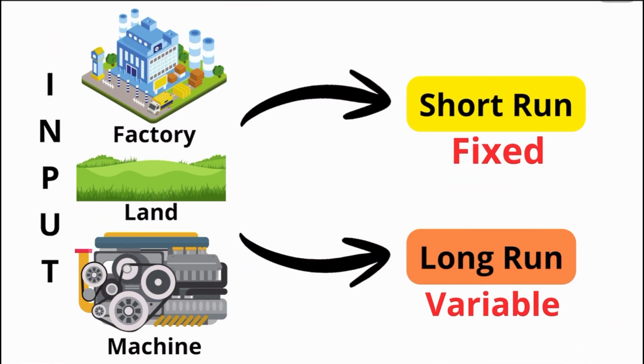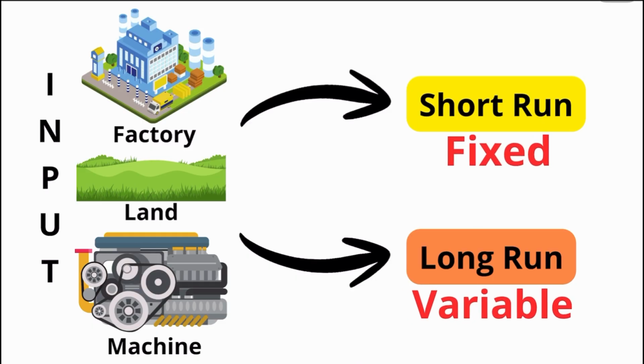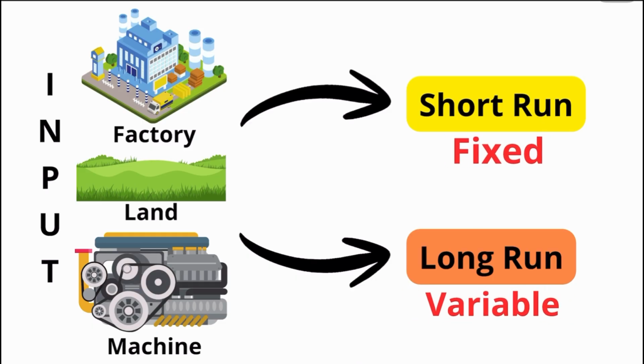But in the long run, all inputs are variable. Building new fabs abroad requires purchasing new land, constructing new facilities, and installing new machinery. So these are clearly long-run choices.